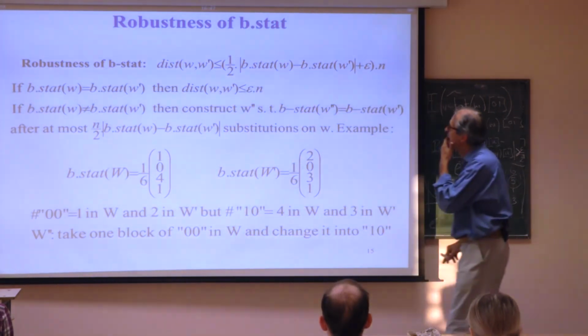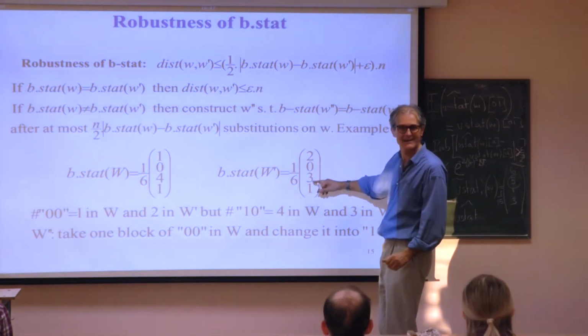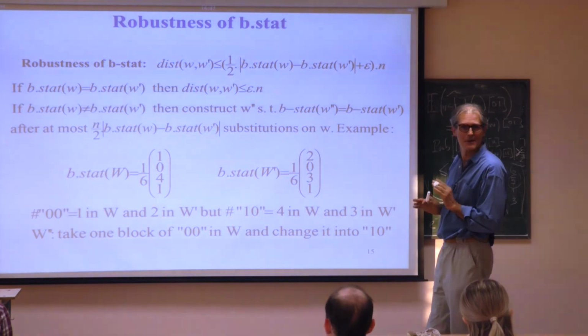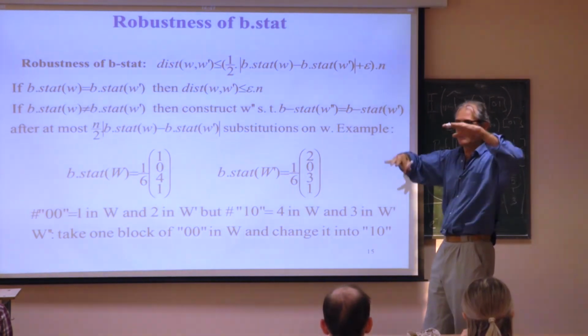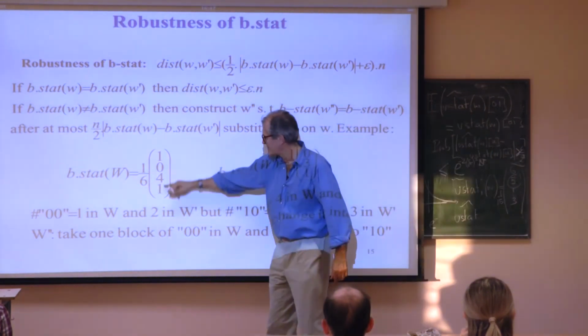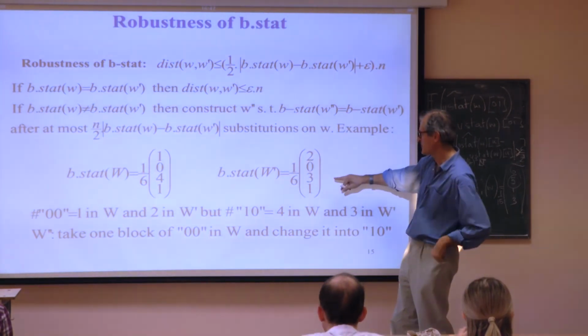So, for example, this. That's clearly different. So what do I do? Well, I'm going to do some equilibrium finding. I look at the biggest difference: where do they differ the most?